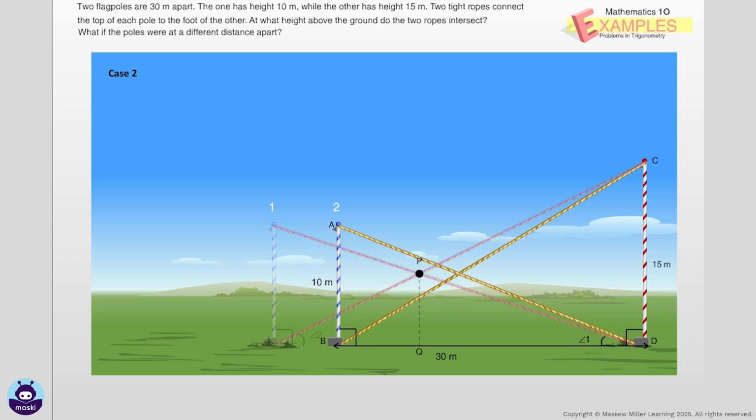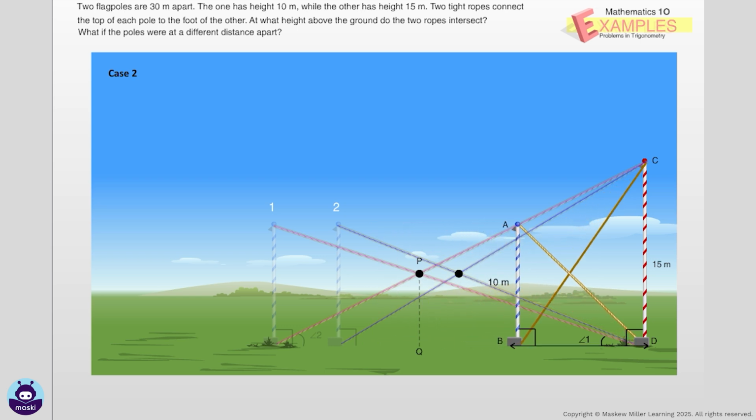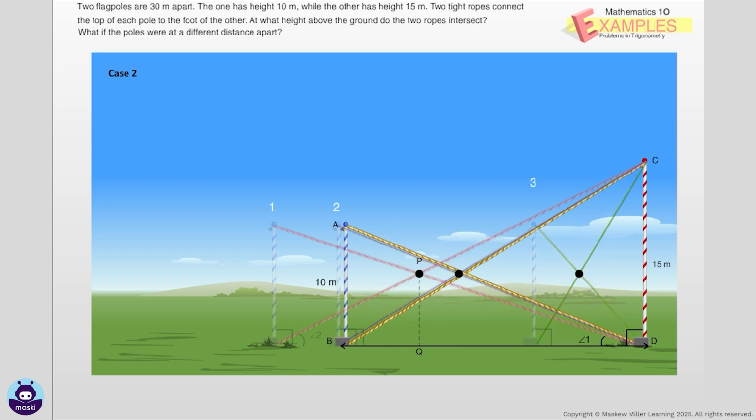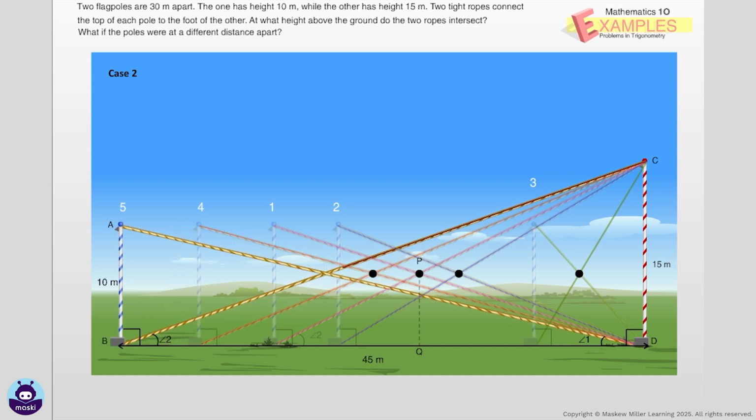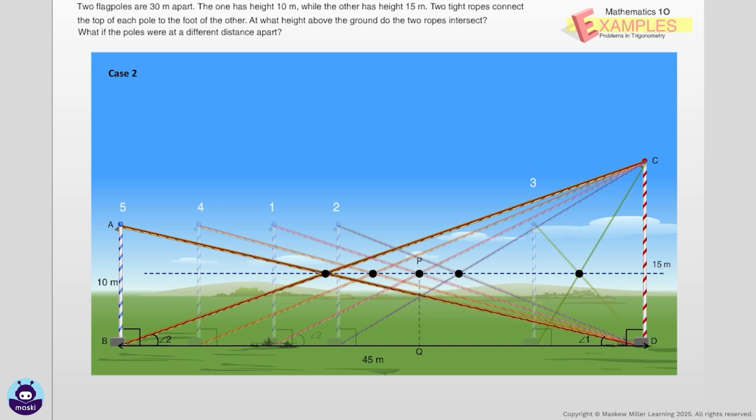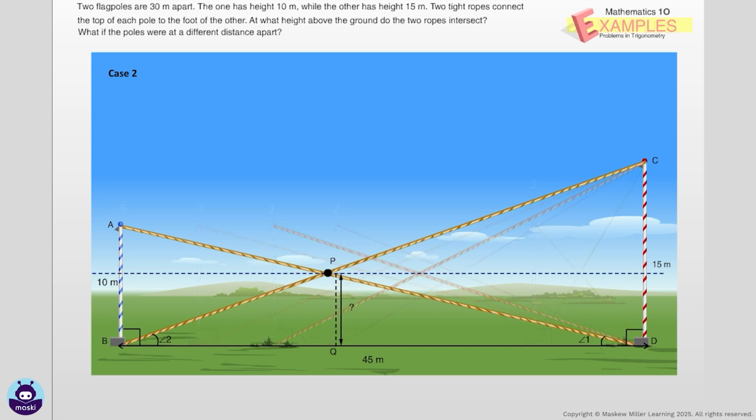Let us move the 10-meter flagpole and see what happens to the point of intersection. We first move the flagpole to the right and then to the left. We see something interesting. The different points of intersection are on a horizontal line.